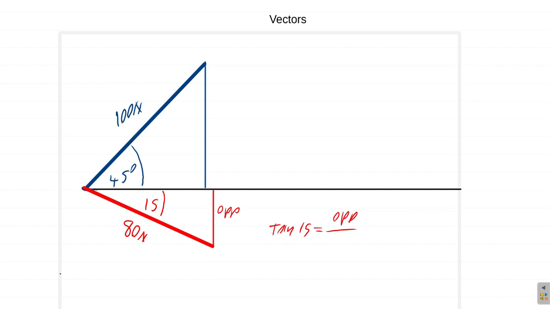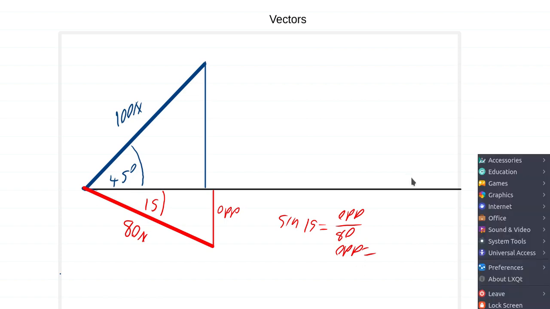Oh, no, wrong thing I did. We have the hypotenuse, so we use sine. Sine 15 equals opposite over the hypotenuse of 80. So the opposite would be 80 times sine 15. You see that? So in that case, we're looking at 80 sine 15.